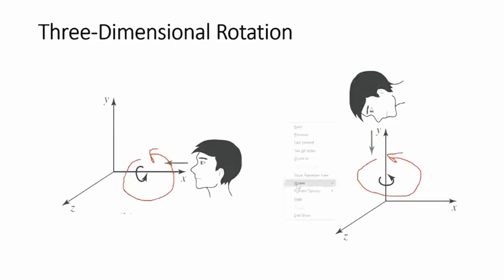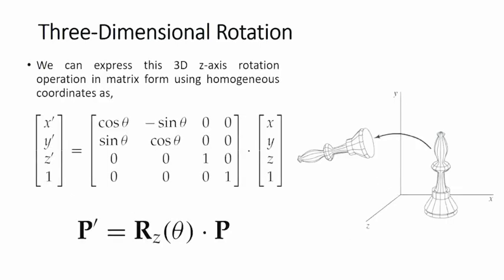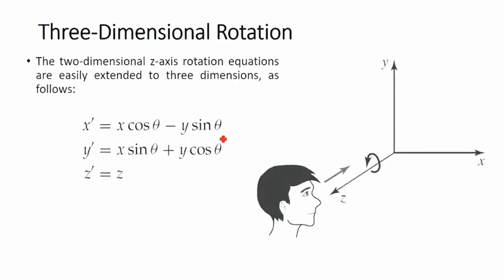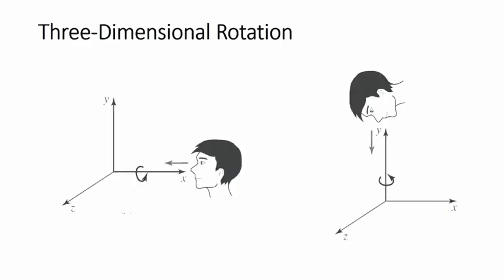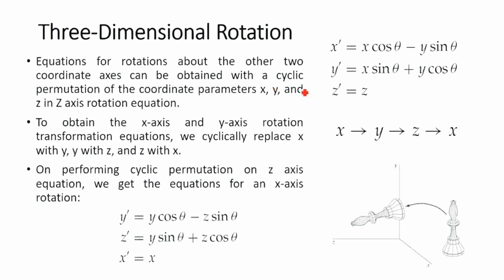For that, we don't have to look at the derivations like we did in 2D rotation. As far as we know this z-axis equation and matrix, we can easily get the x-axis rotation equation and matrix and the y-axis rotation equation and matrix. To get that, we have to rely on something called cyclic permutation.